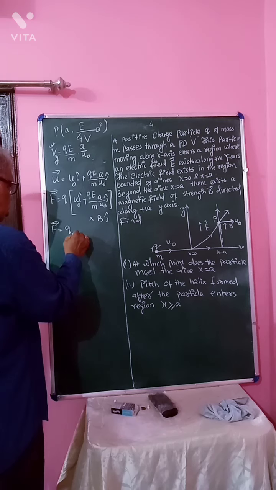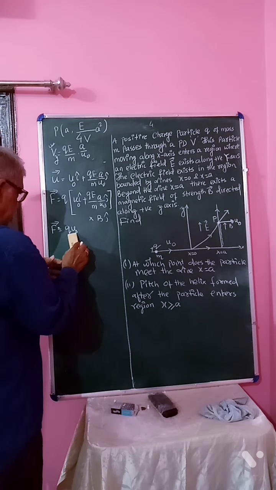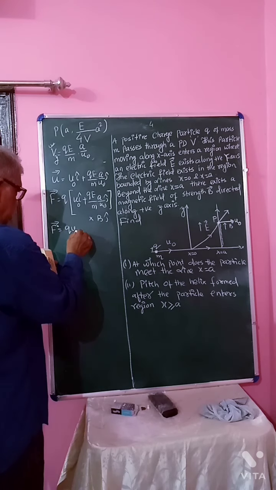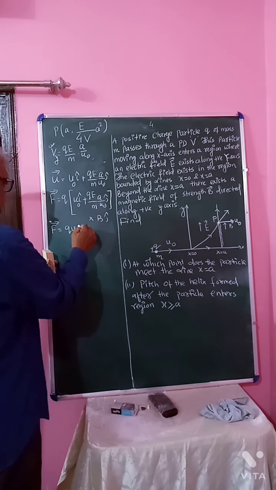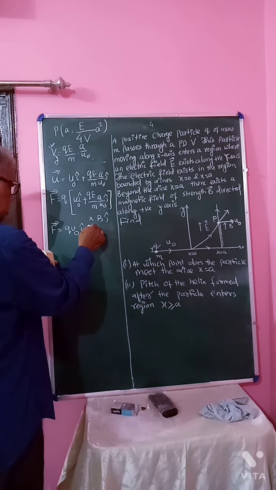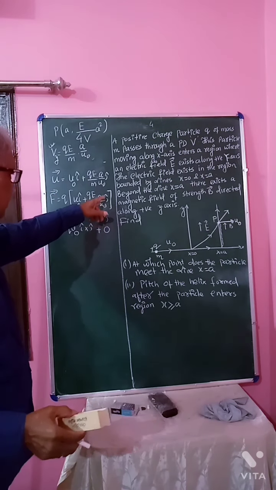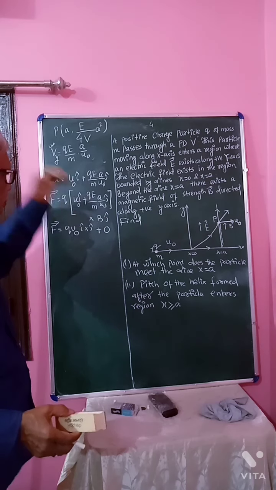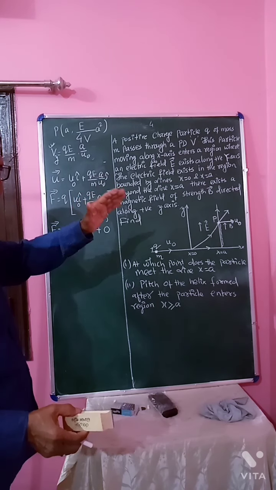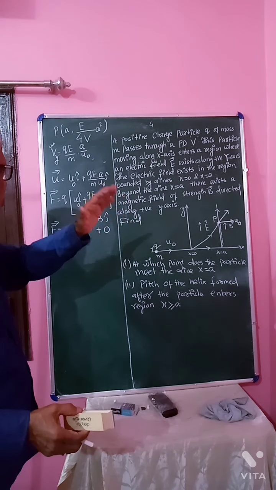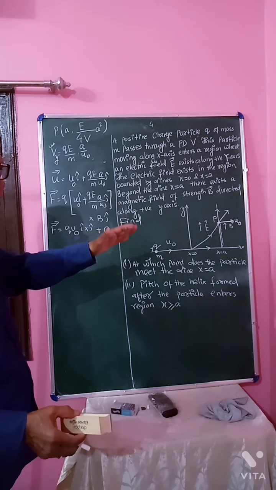When you take the cross product, the force acting on the charged particle is q u0 i cap cross j cap, and the other term becomes 0, that is, j cap cross j cap is 0. This shows that the magnetic field exerts no force on the y component of motion.